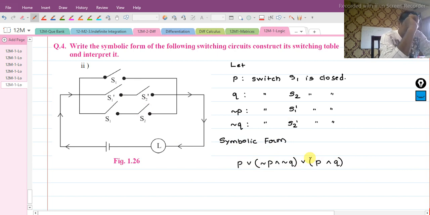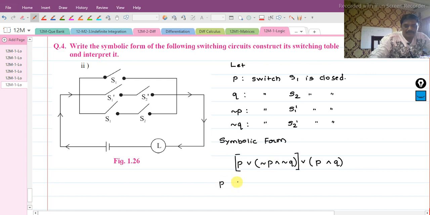अब मुझे इसका I want to write down the input output table for the same. Columns क्या होंगे इसके?